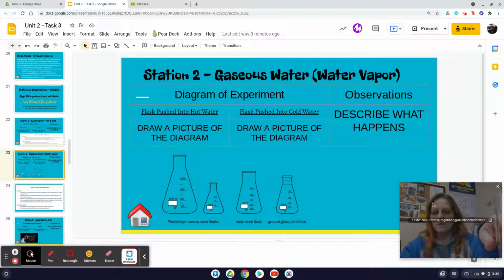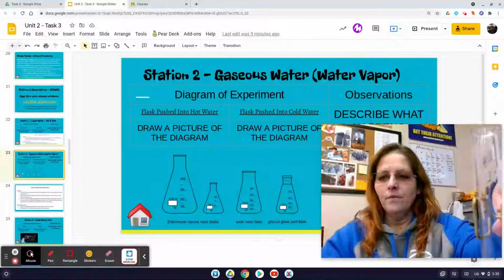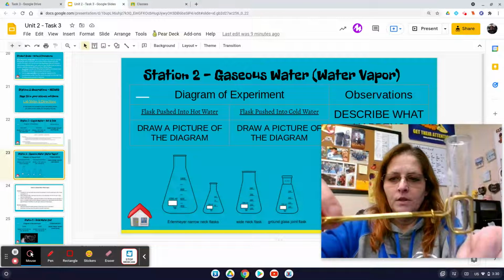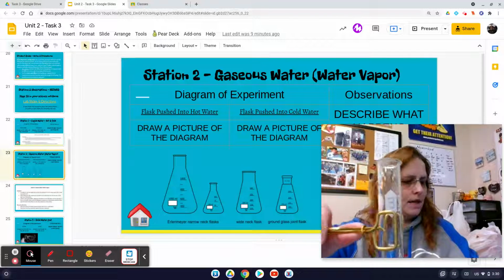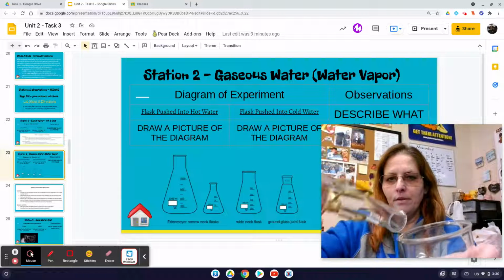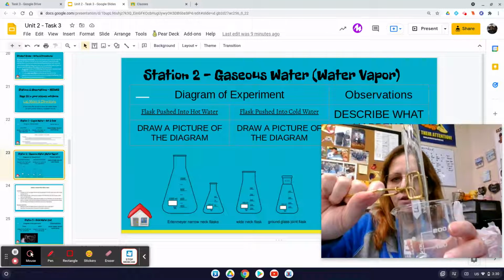Let me make it bigger so you can see me. Okay, so tongs, keep your hands away from the heat. What you're going to do is you're going to take your flask and you're going to flip the glass. Now, you might have to do it depending on how deep the glass is, okay?